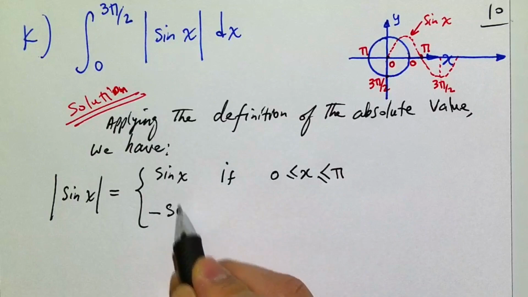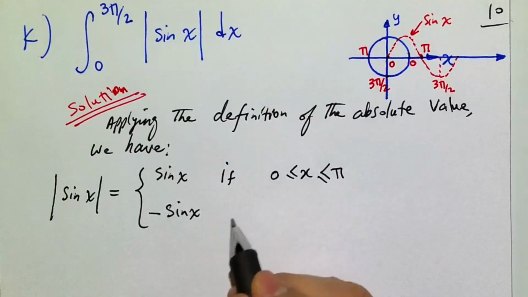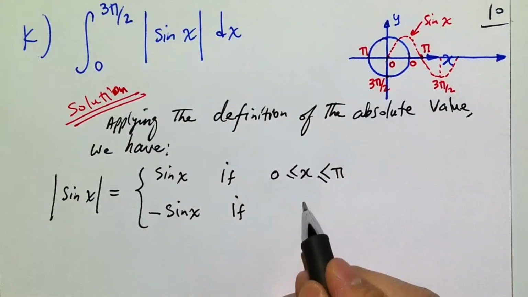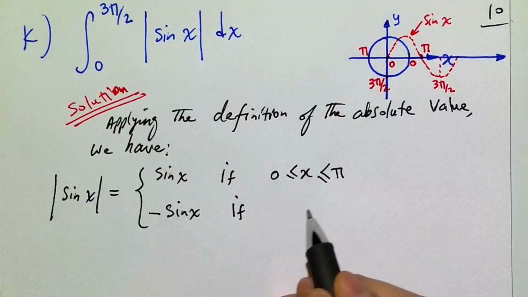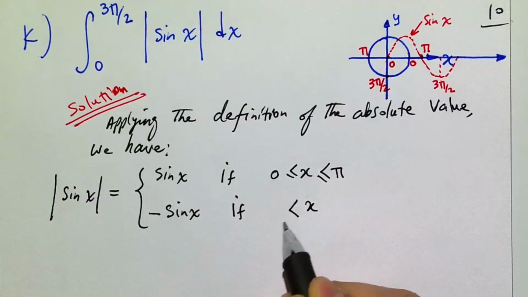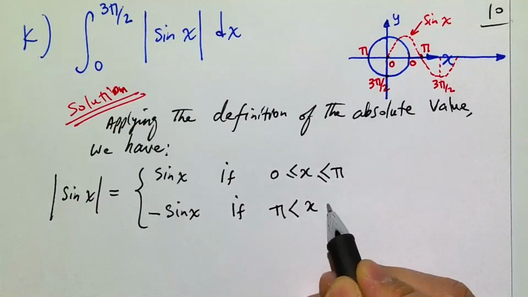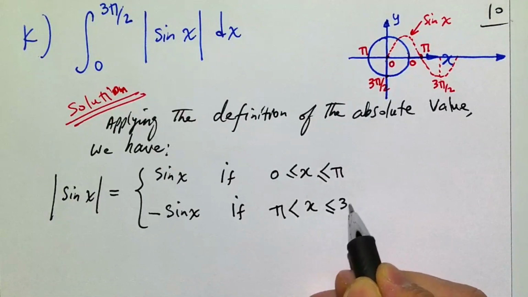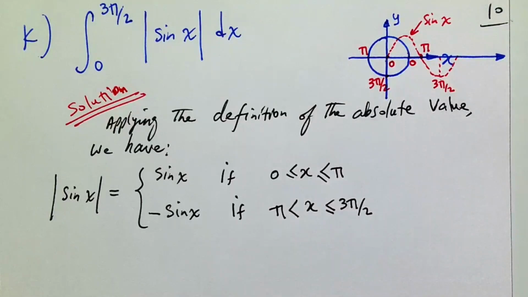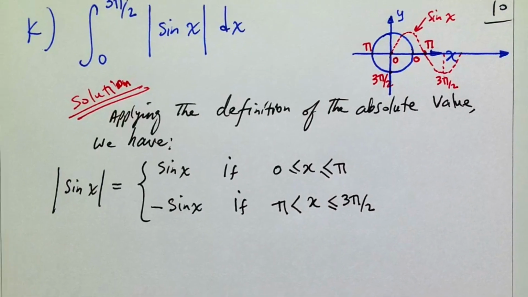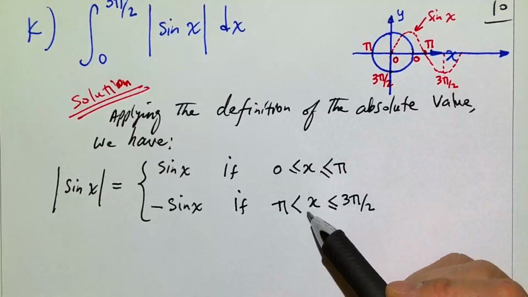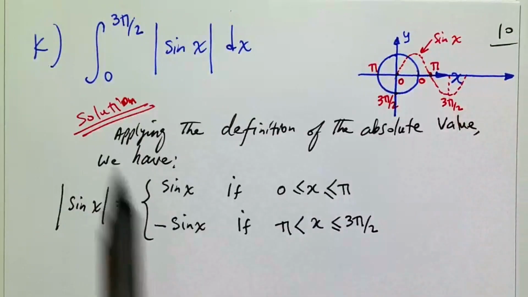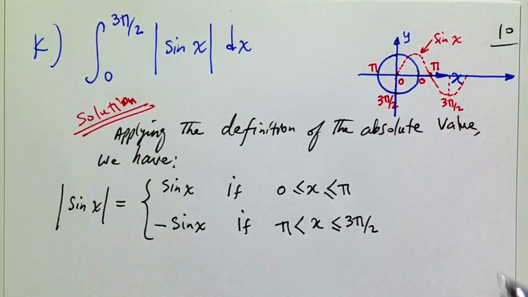And it's going to be negative if x is between pi and 3 pi over 2. Okay? So this will tell us how we need to integrate our original function.